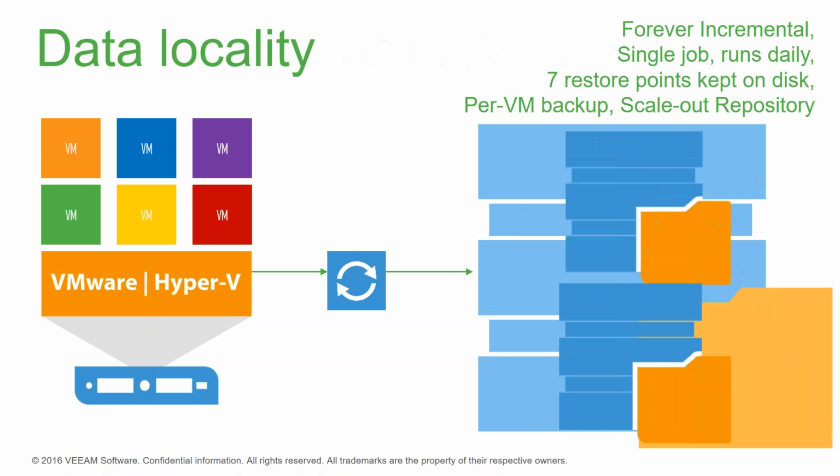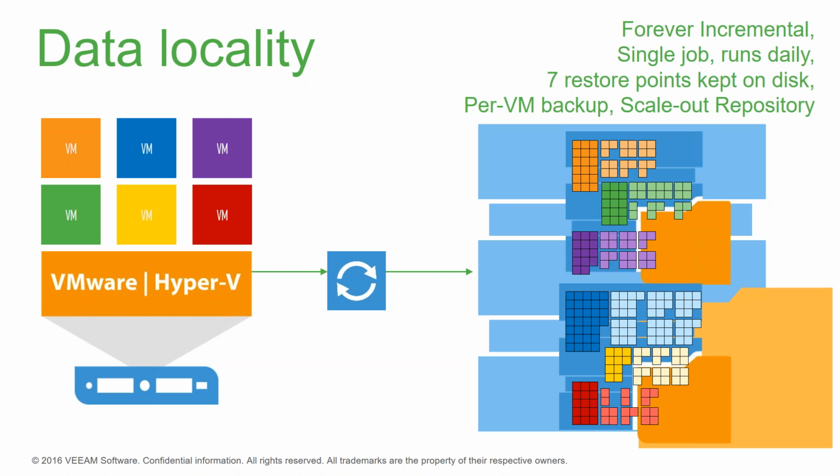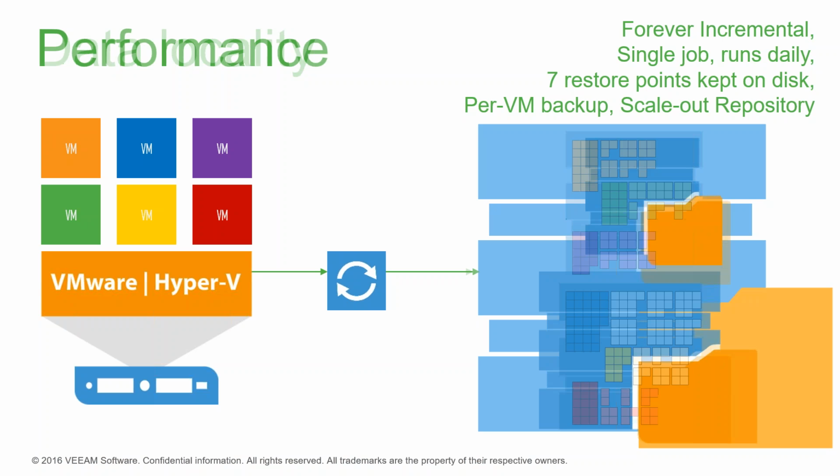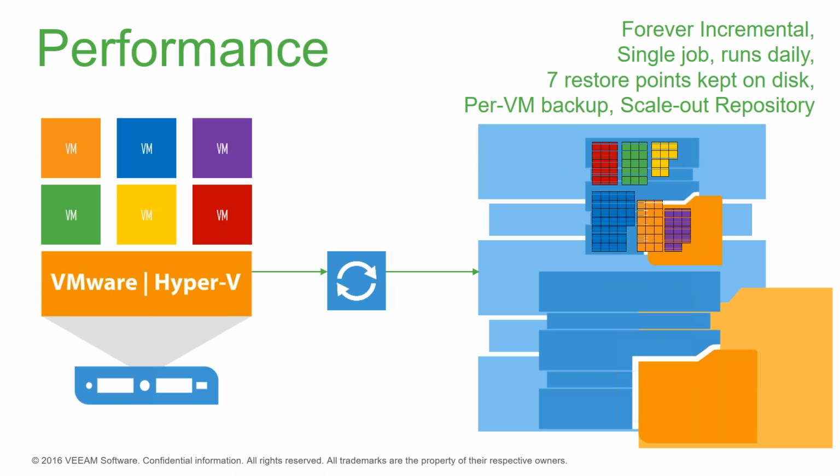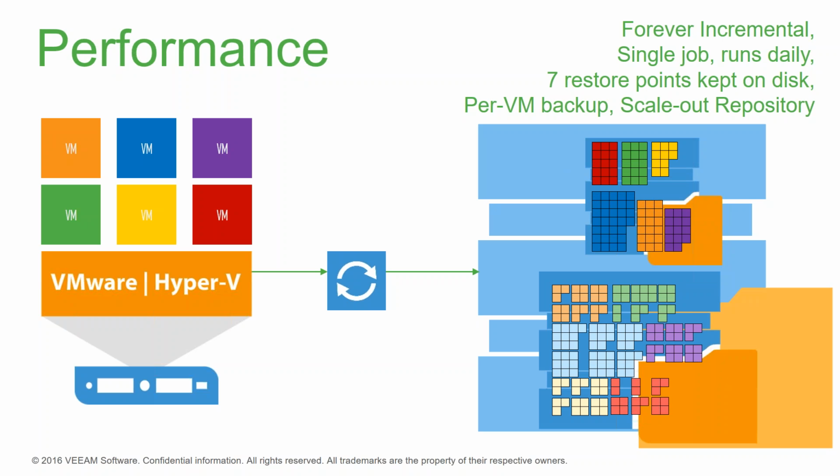So we have 2 options for choosing the type of the location where those files are going to sit. We can either do data locality, which means we're going to keep our chain of backup files together, or we can do performance, which means we're going to split our full backups from our increments.